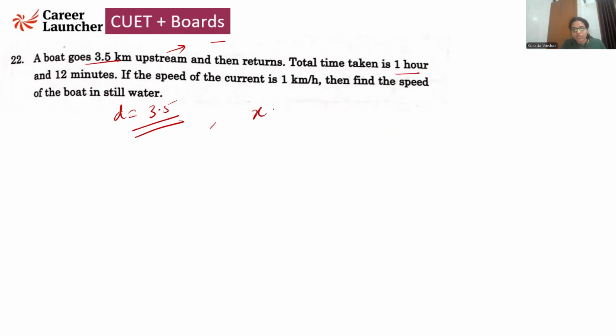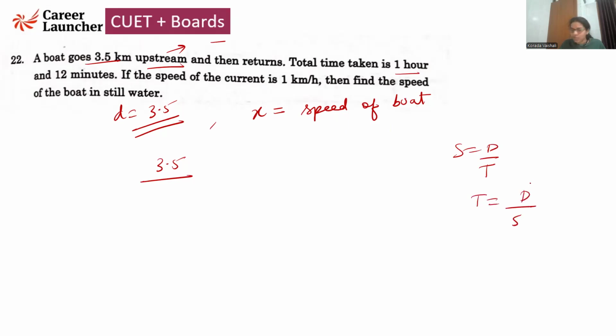So what if I'm assuming x as the speed of boat in still water? What am I getting? While I'm going upstream and downstream, the total time taken is 1 hour 12 minutes. So speed is equal to distance upon time, and time is distance upon speed, right? So distance upon speed for the upstream case and for the downstream case when added should give me 1 hour and 12 minutes. So the distance is same.